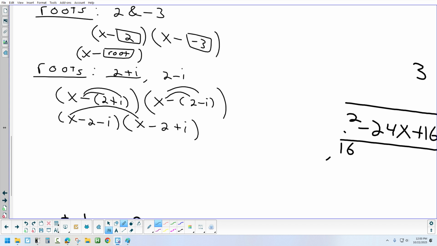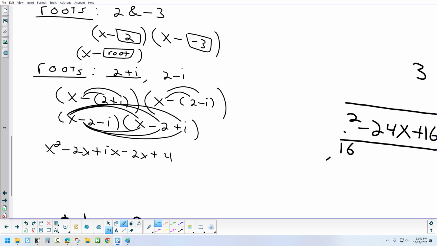What's x times x? x squared. What's x times -2? Minus 2x. x times i: xi, or just ix, however you write it. What's -2 times x? Negative 2x. -2 times -2? Positive 4. And -2 times i?